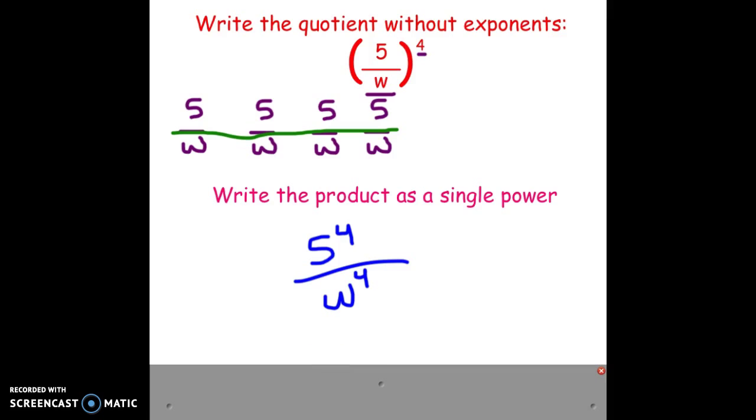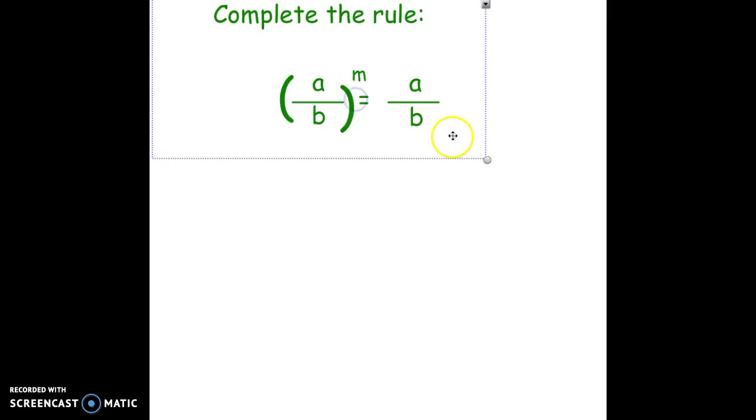Again, we want to write a nice, easy rule for getting from the problem directly down here to the answer without going through all this business in the middle. So to complete this rule, if I've got a over b to the mth power, that m is just going to distribute. So that's a to the m over b to the m.